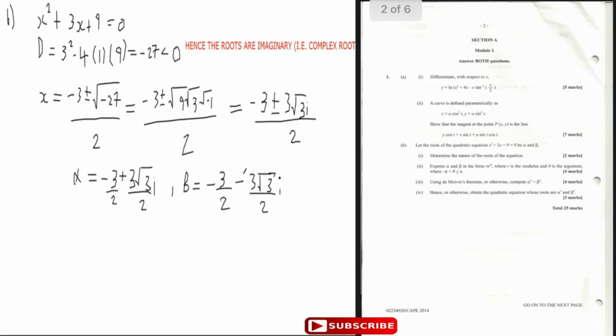Now, of course, the question is nowhere near complete. It says we need to express it in the r cos form. So this is the answer in standard form, all right? But we need to express it in r cos form. So we need to find r.